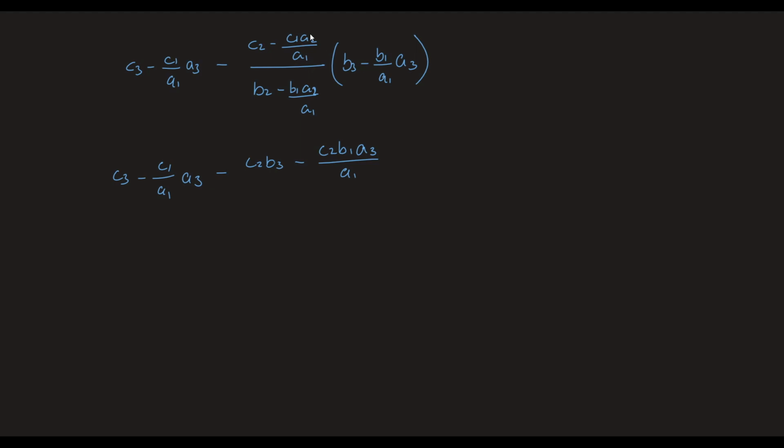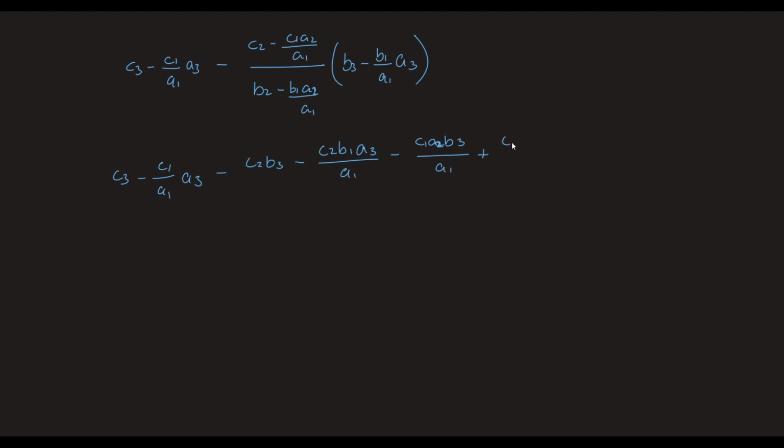Okay, and then we're going to minus this. We're going to multiply this term and this term. So we've got minus C1 A2 B3, sorry, C1 A2 B3, all over A1. And finally we've got this one here. We've got two minuses, so this is going to be plus C1 A2 B1 A3.